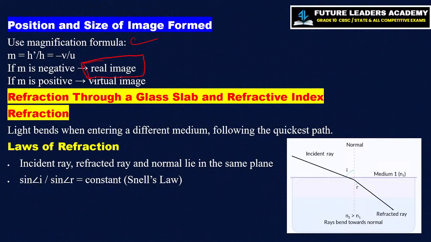If M is positive, then the image will be virtual. You can identify the image by the sign of M. If it is a negative sign, then it is a real image. If it is a positive sign, then it is a virtual image.